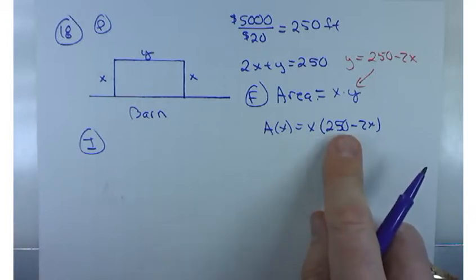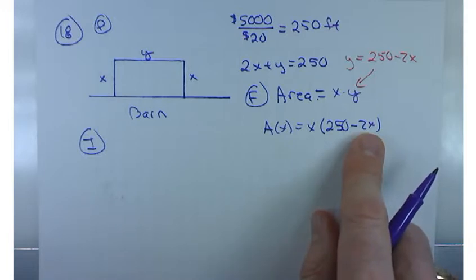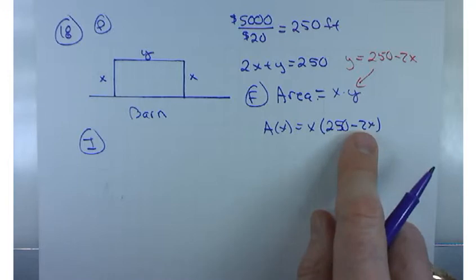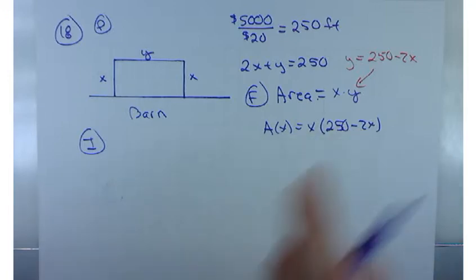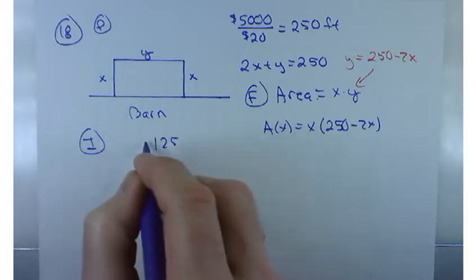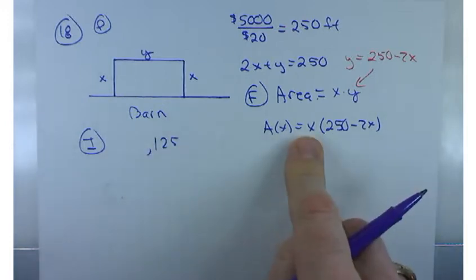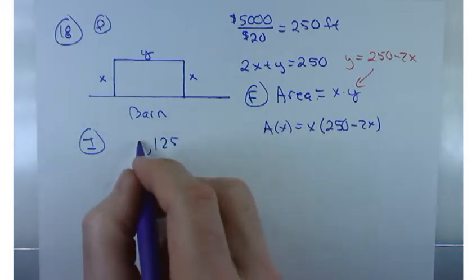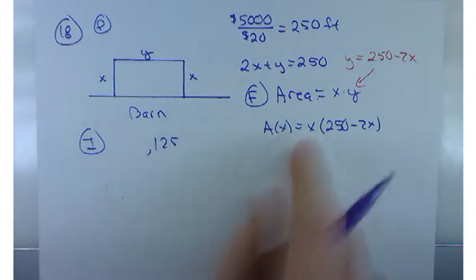If it's 250, well then 2 times 250 is going to be 500, and then you'd have a negative. So we're going beyond that. Yeah, so 125. What about at the other end? What's the smallest that x could be? 0.